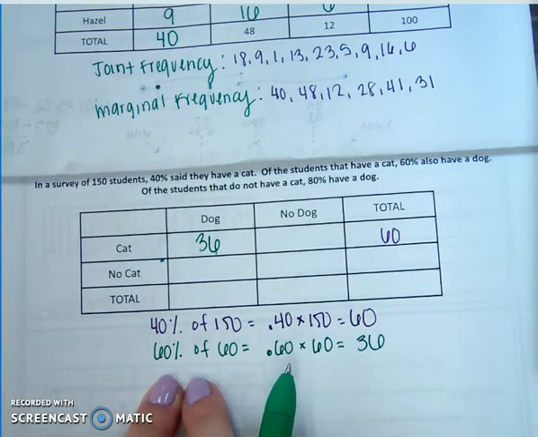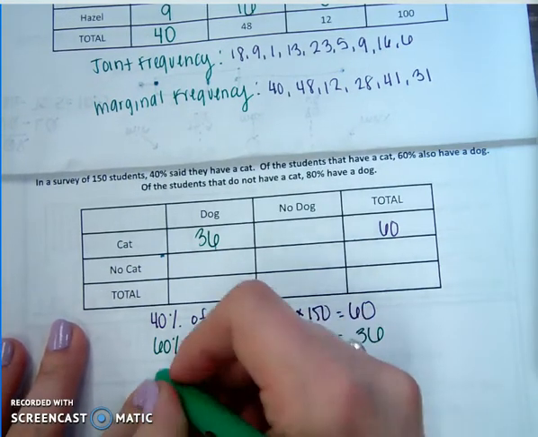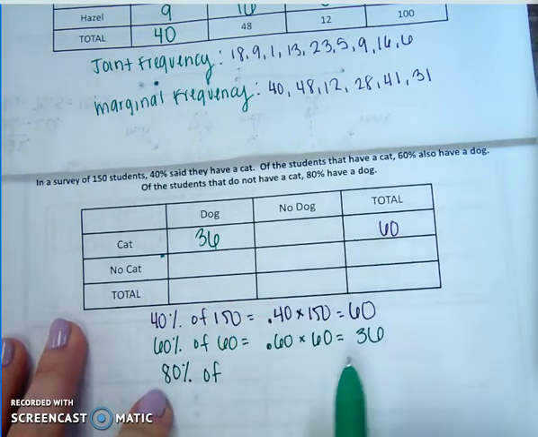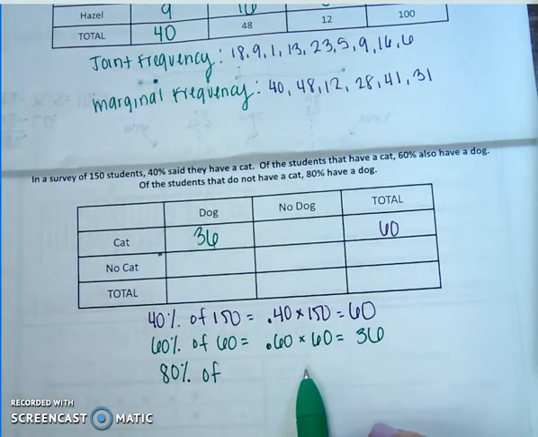And then we also know that of the students that do not have a cat, 80% of them have the dog. Well, if 60 of them have a cat, the only other option was no cat.